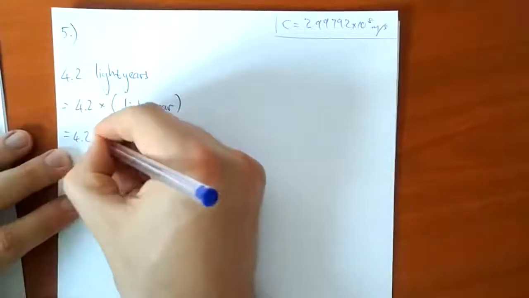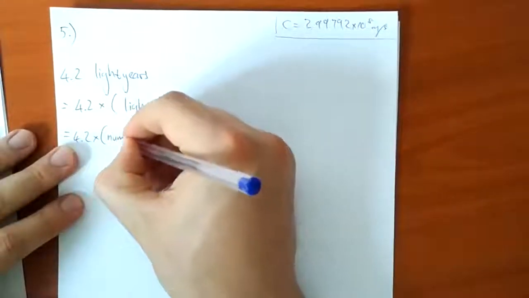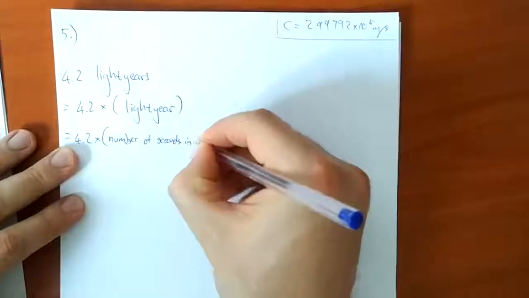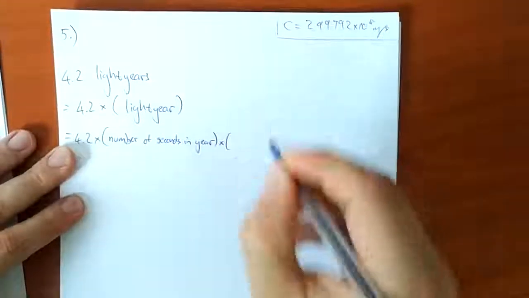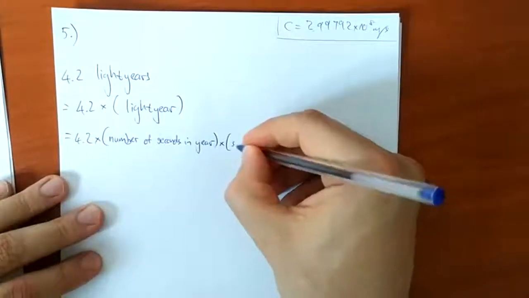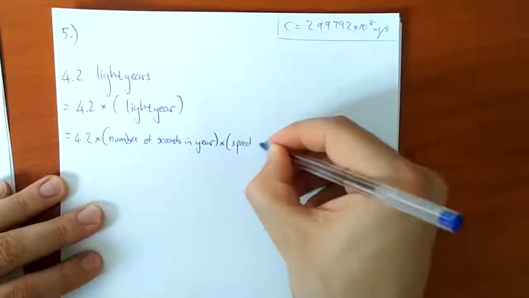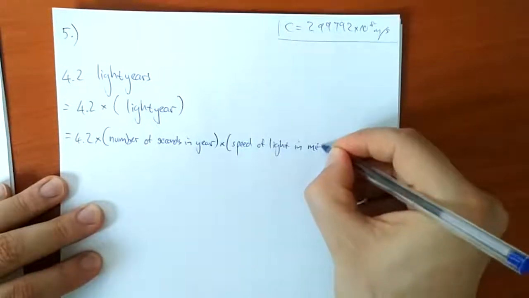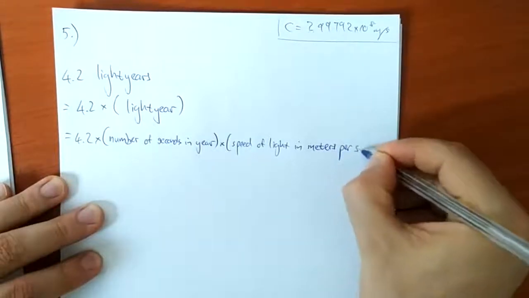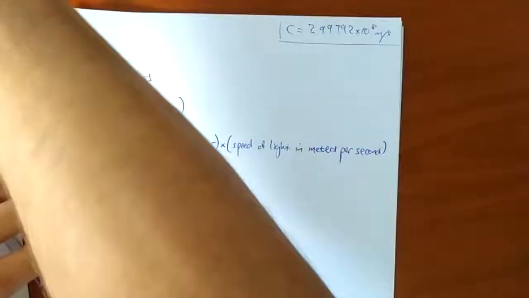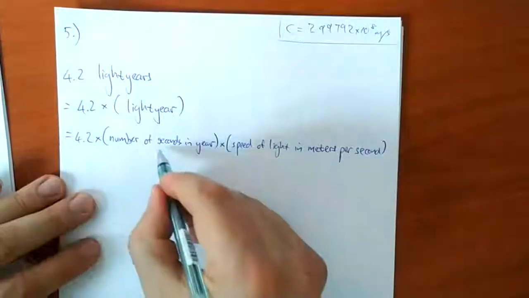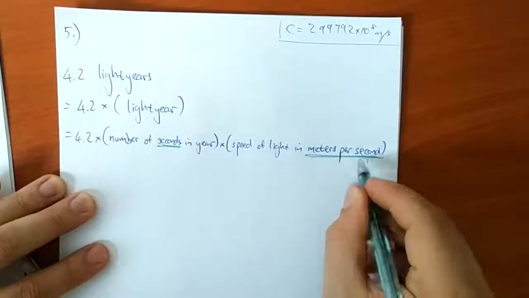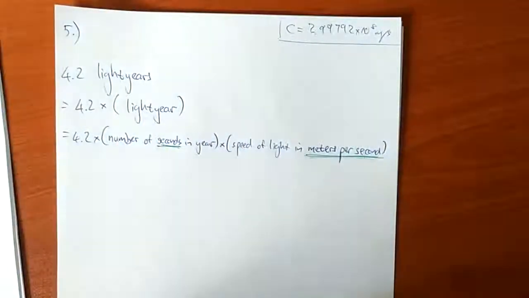It's equal to 4.2 times the number of seconds in a year, multiplied with the speed of light in meters per second. Good. So we take the year and we convert it to seconds, and we multiply it by how many meters light travels in a second. We get the distance of a light year.